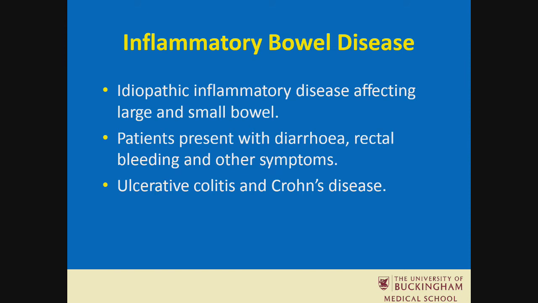The patient presents with diarrhea with blood and mucus, and other symptoms like pain, depending on whether it is ulcerative colitis or Crohn's disease. In ulcerative colitis, it is usually diarrhea with blood and mucus.